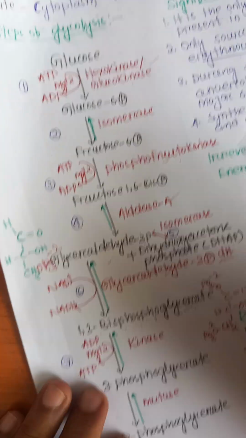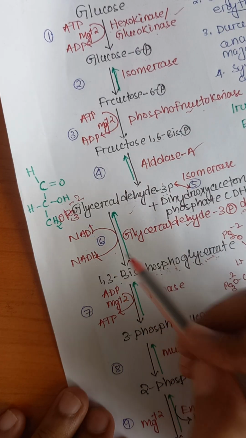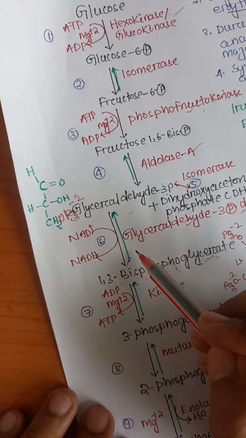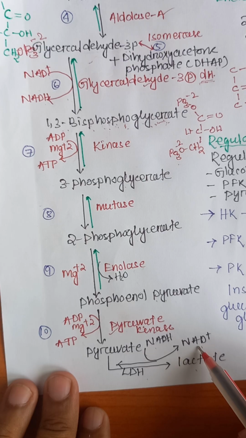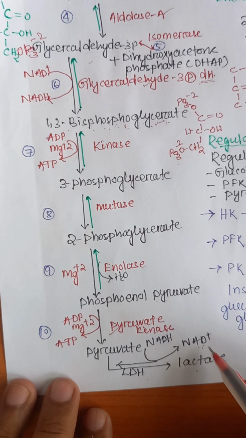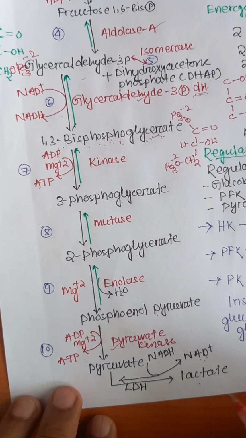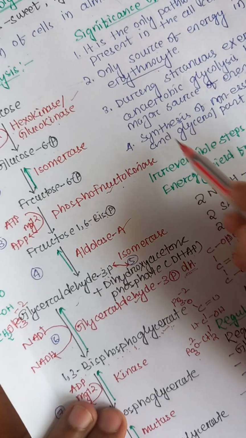So if NAD plus is decreased, the glyceraldehyde 3 phosphate dehydrogenase step will be inhibited, and glycolysis may not operate properly. That's why in anaerobic glycolysis NADH is converted into NAD plus, which gives rise to constant production of NAD plus. That's why in strenuous exercise, NAD plus is produced by anaerobic glycolysis. That plays an important role in strenuous exercise.